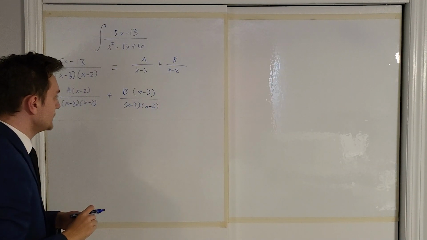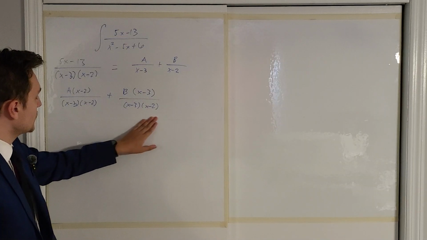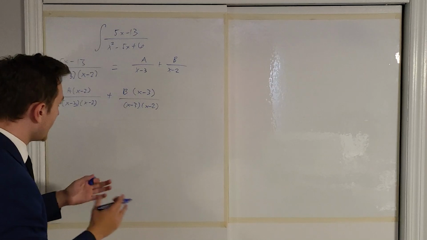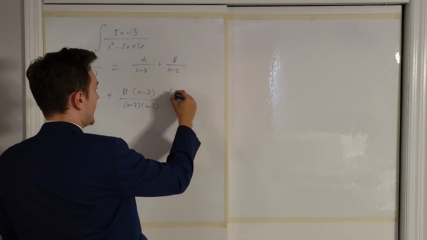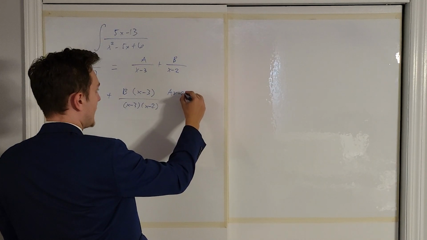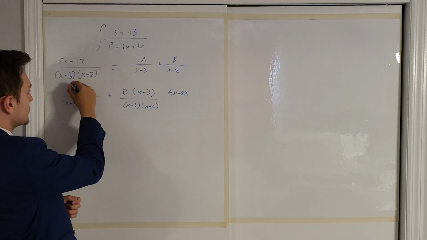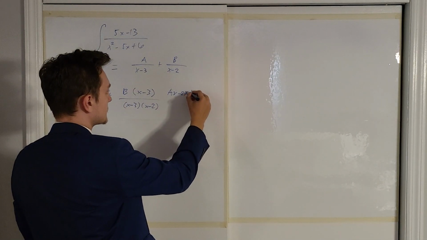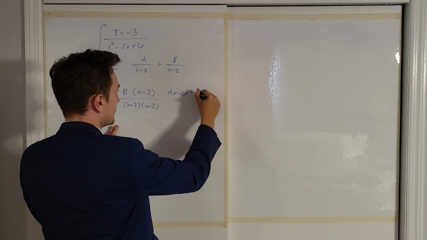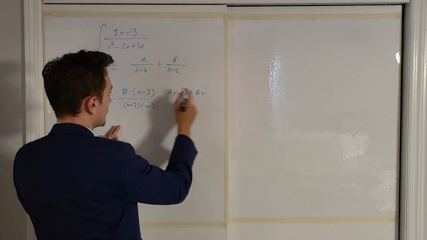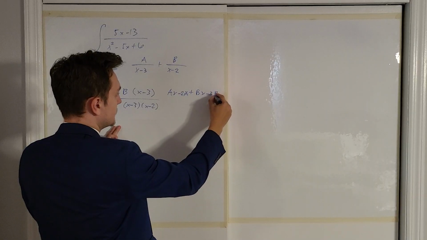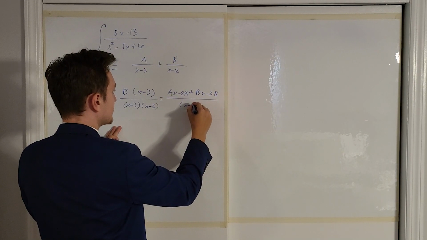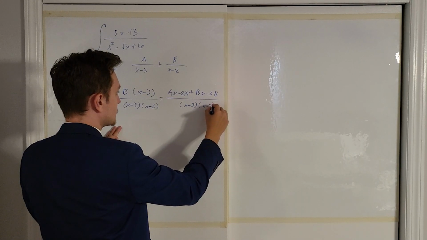So now I have two fractions that each have the same denominator. So I can combine these and say Ax minus 2A, which is just distributing the A into my parentheses, plus Bx minus 3B, all over x minus 3, x minus 2.